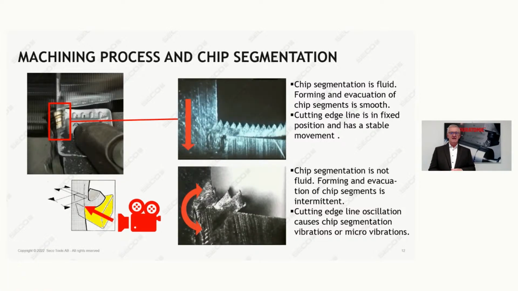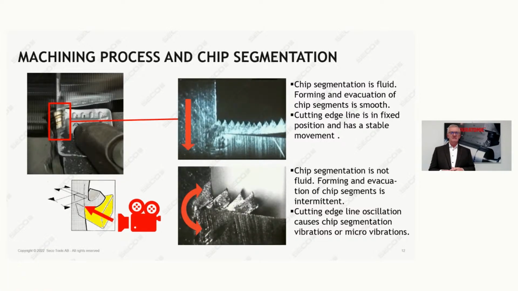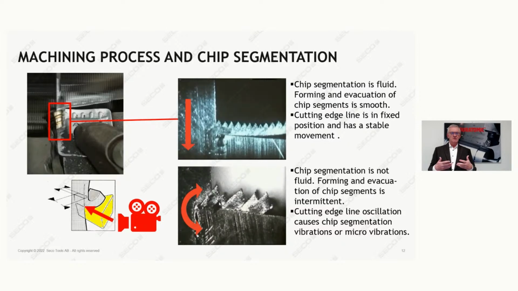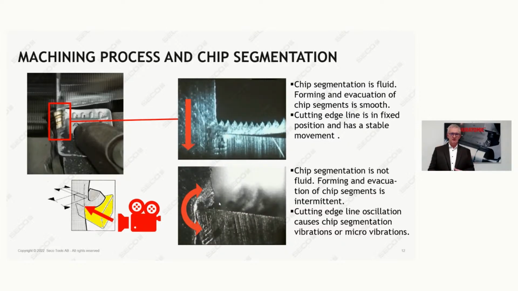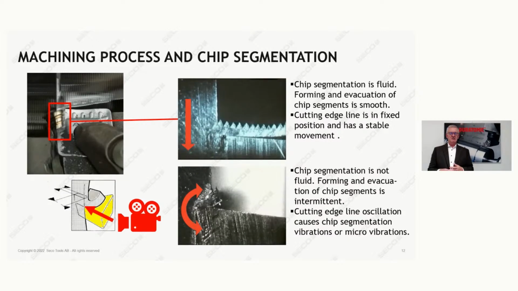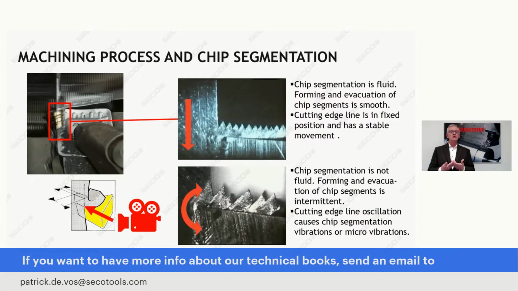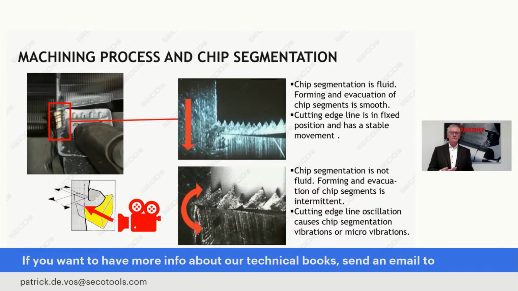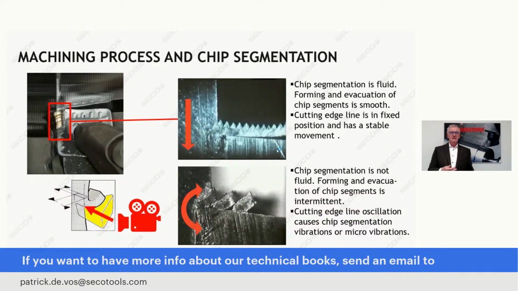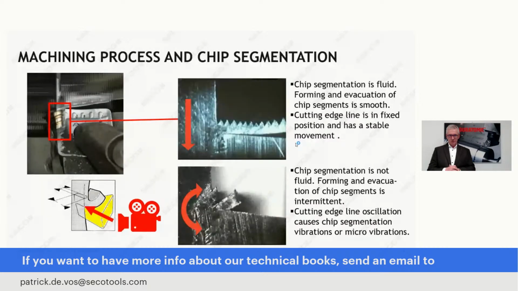The forming of the chip segments is an intermittent process. And this makes the cutting edge have a relative variable movement on top of the normal movement. And that can create vibrations. We refer to it as micro vibrations.